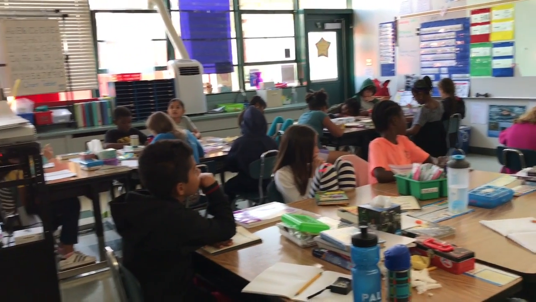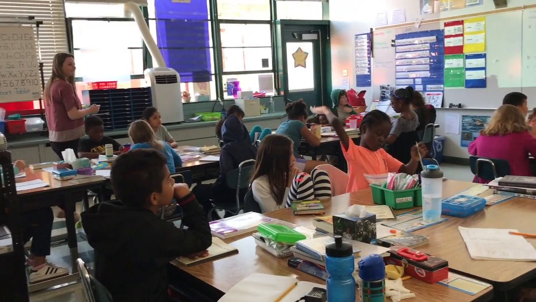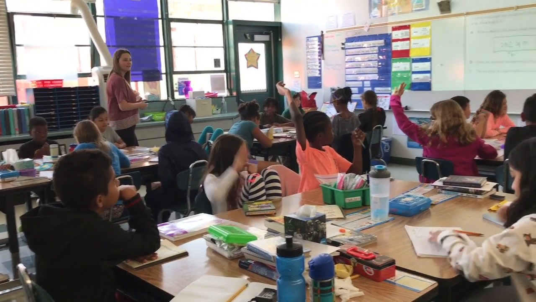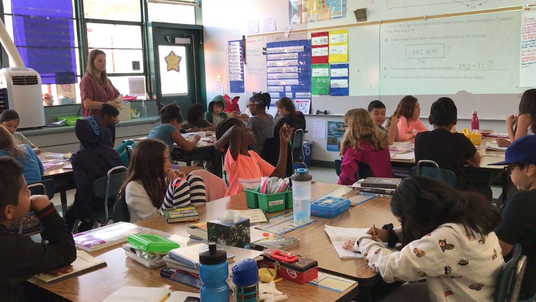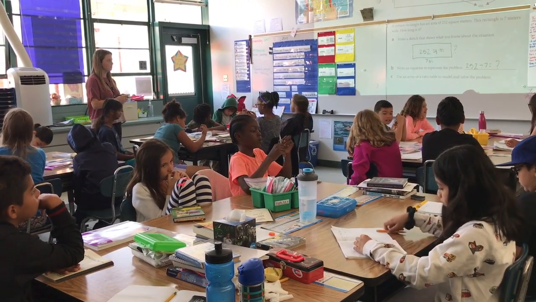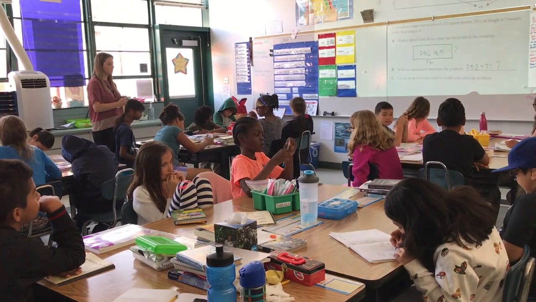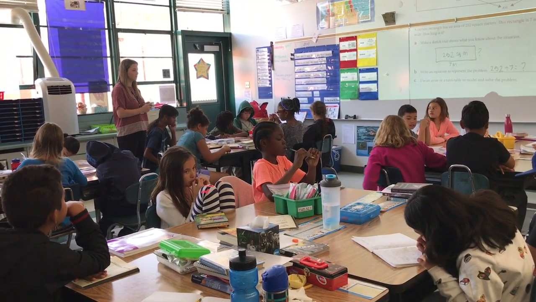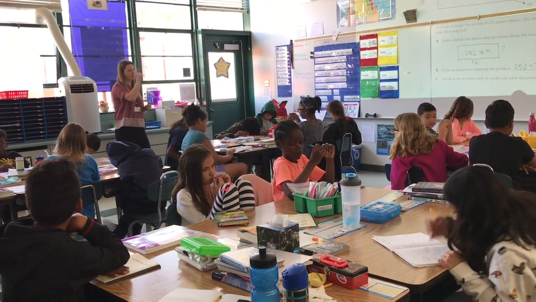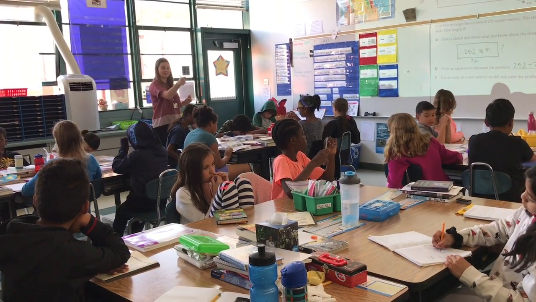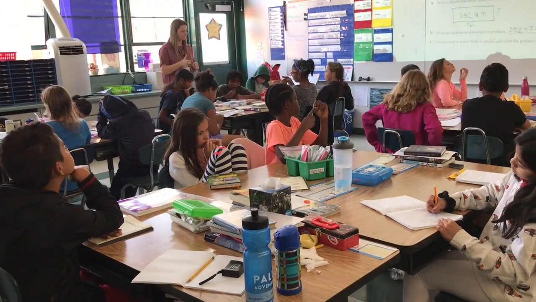Did anyone do a different equation? Lily, what was your equation? I did that one too, but you can write it as 7 times question mark. Very true. That's the multiplication equation for that. Good job.